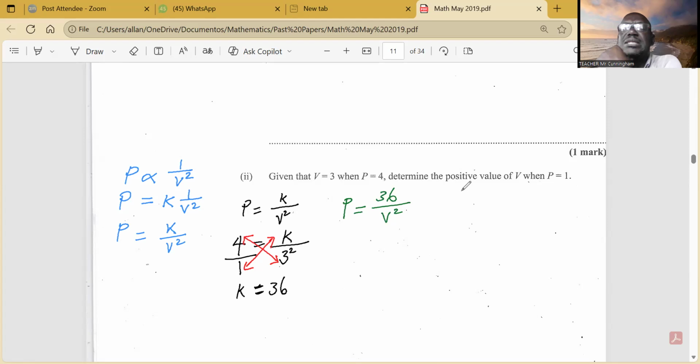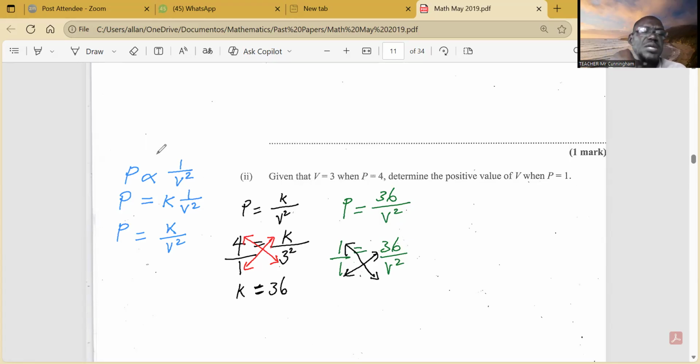So they said determine the positive value of V when P is 1. So we're going to put P as 1, or 1 over 1, and we're going to cross multiply again. This time I'm not cross multiplying the other way because the unknown is on this side.